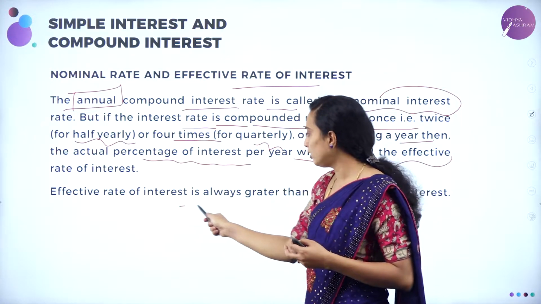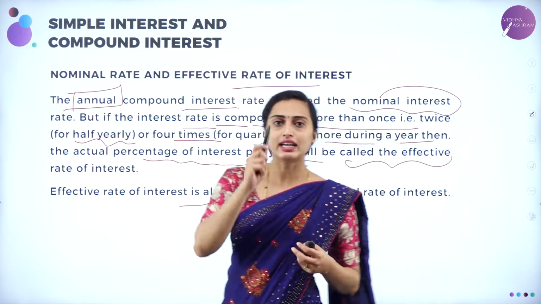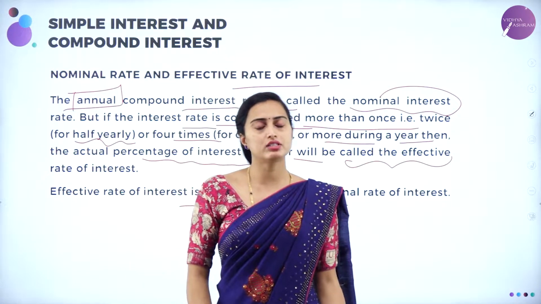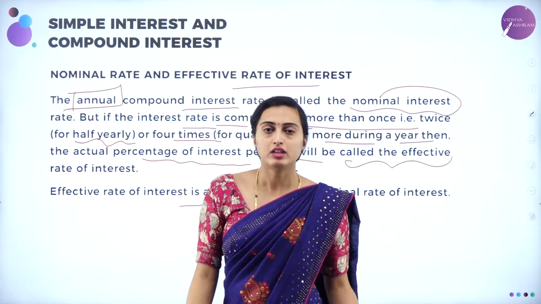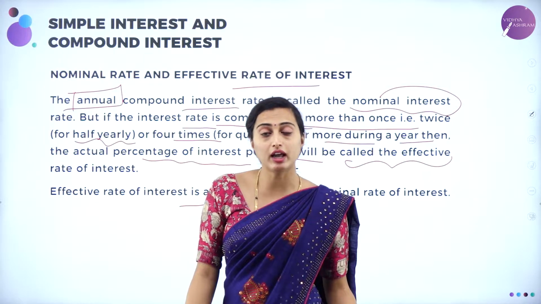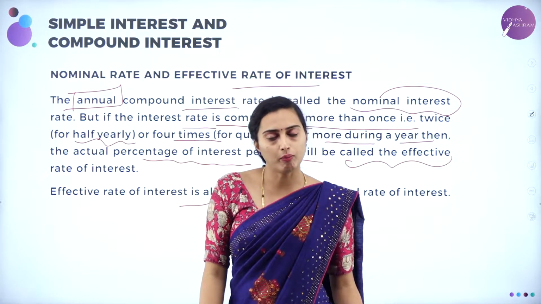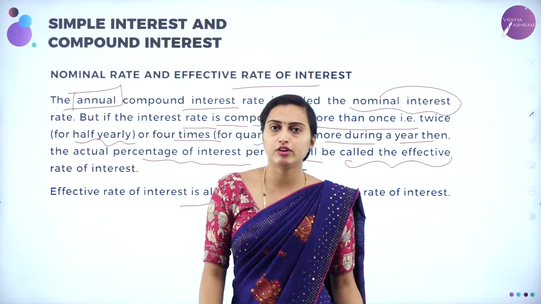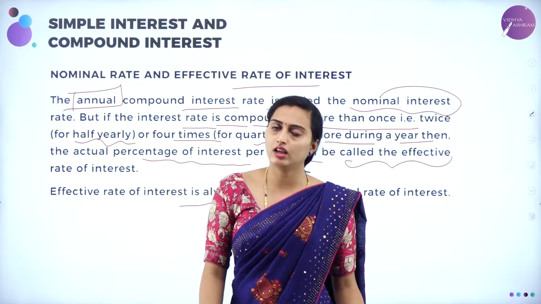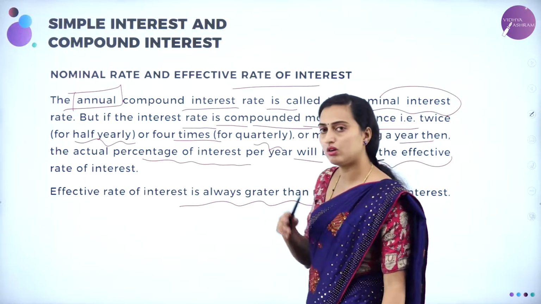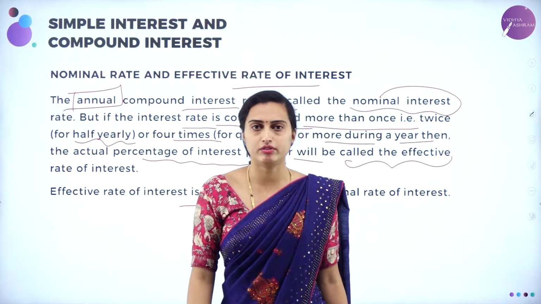So, effective rate of interest is always greater than nominal rate of interest, because nominal rate of interest means per annum, while effective rate of interest considers how many times in the year it is compounded. So obviously, nominal rate of interest will always be lesser than effective rate of interest.